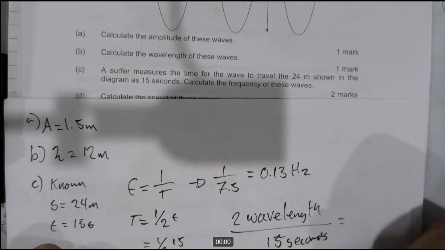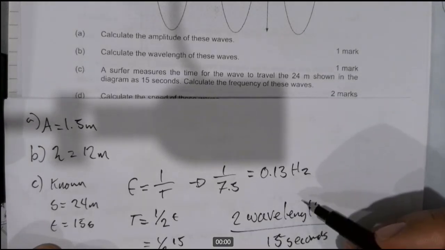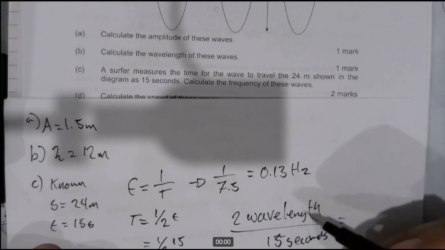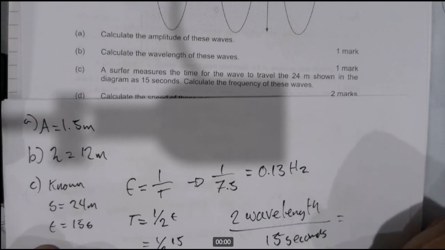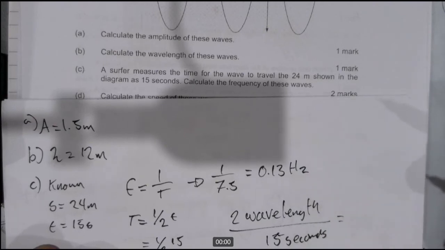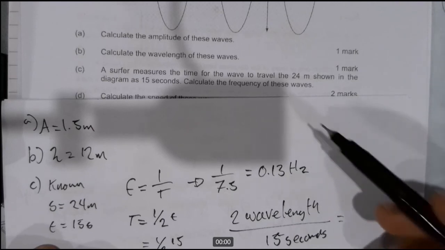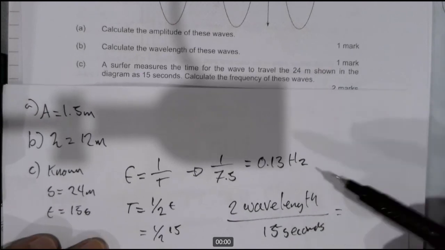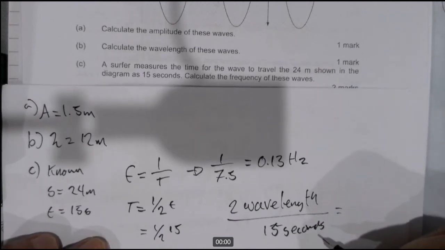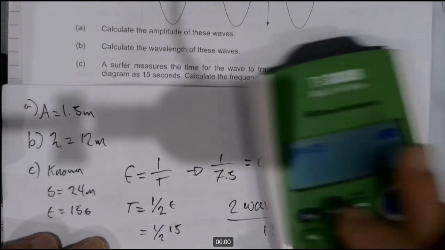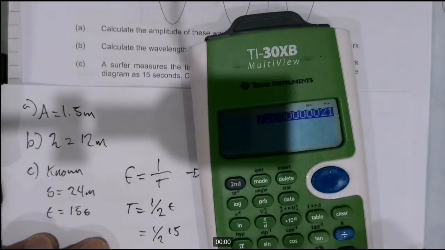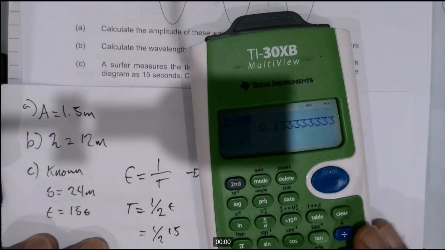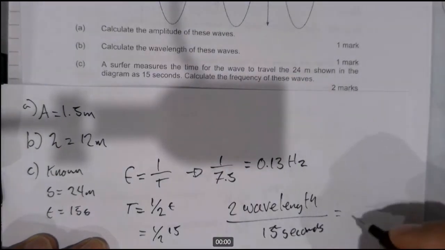It gives you a ratio of these movements of wavelengths per second. That, in essence, is what a hertz is: how many waves are passing over a particular region in 1 second. This is what this is giving you, which is the same answer. 2 divided by 15, 0.13.